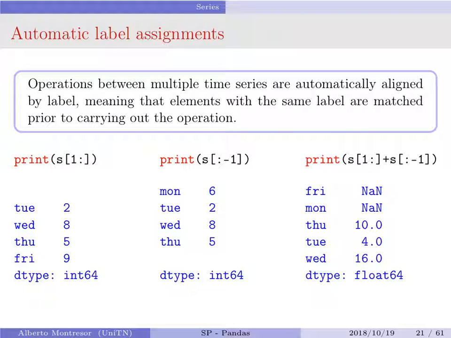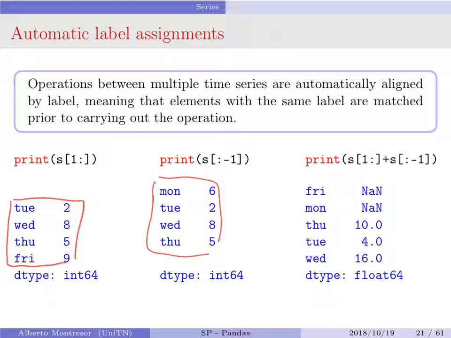And you can do something like summing together series. Given that I don't have two series, what I do is sum the same series twice, but by slicing it, so getting different series. Let's say that I have a series where I have data from Tuesday to Friday, and another series where I have data from Monday to Thursday.